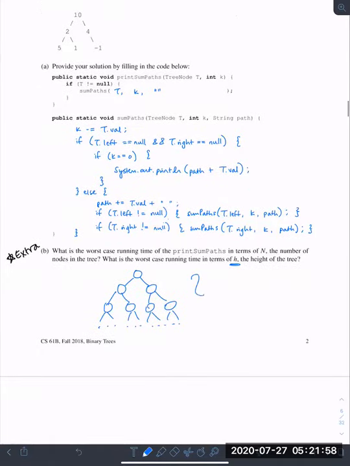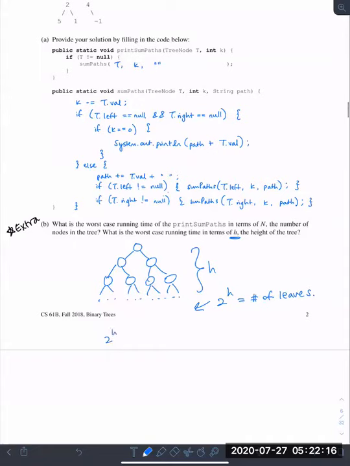And so if my height is h, then at the last level, the number of nodes I'm going to have, in other words the number of leaves, is 2 to the h. So this is equal to the number of leaves. And so if I know that I have 2 to the h leaves, for each of them, how much runtime am I doing?